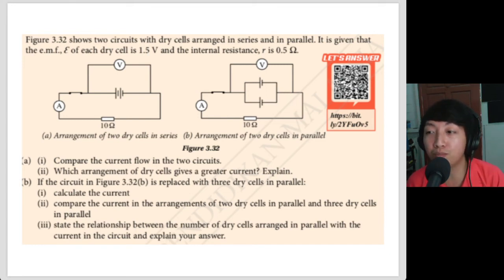It will have more total power, but you'll also waste more energy. Whereas if you connect a lot of batteries in parallel, you would end up basically with less power, but it's more effective. You're wasting less energy because there is less resistance. So those are the practical differences between the two types of arrangements for dry cells, whether you arrange it in series or arrange it in parallel.